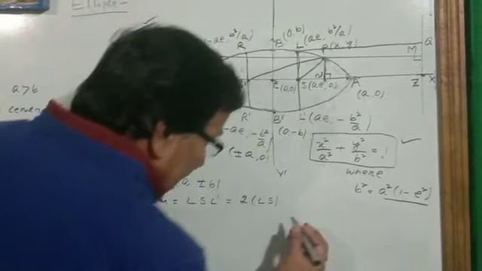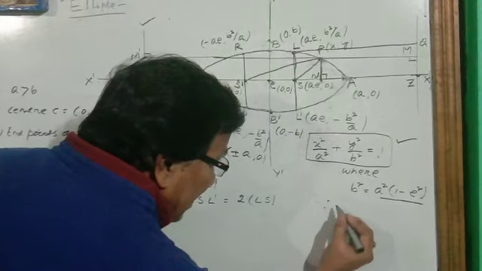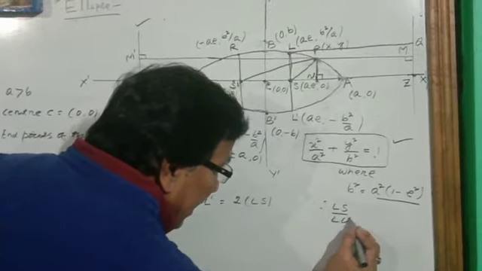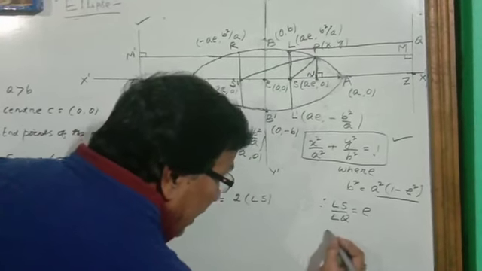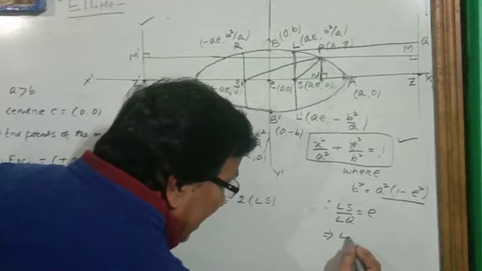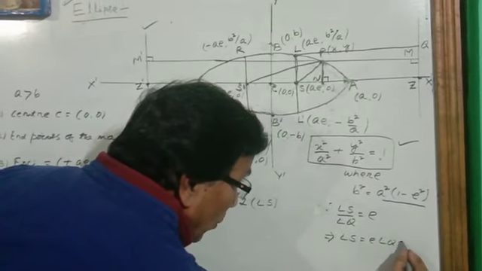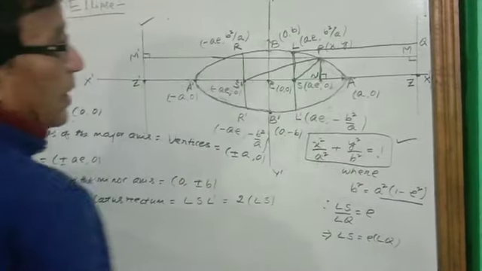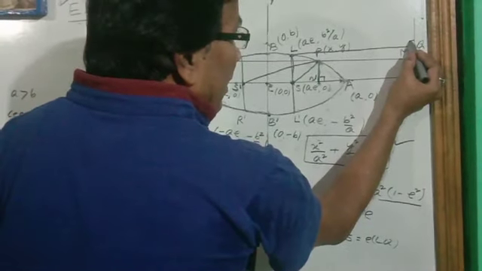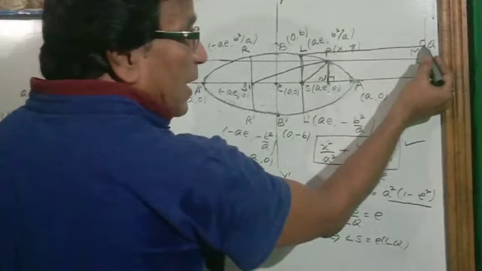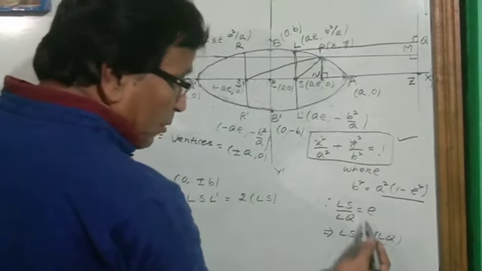That is LS by LQ. Since LS by LQ is equal to e, that implies that LS is equal to e times LQ. Again, the distance to the focus by its perpendicular distance upon the directrix must be equal to e.